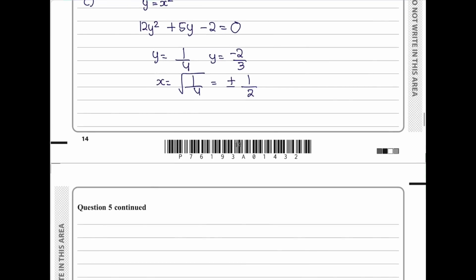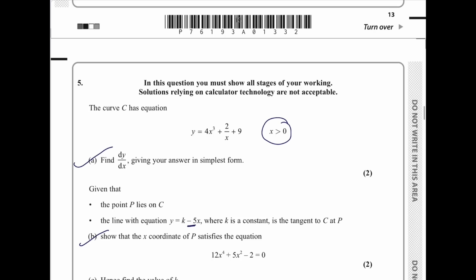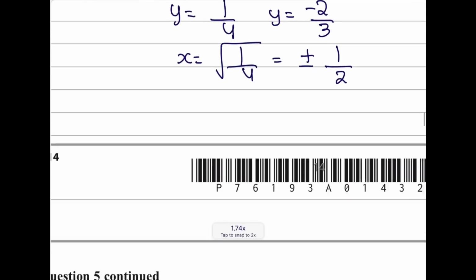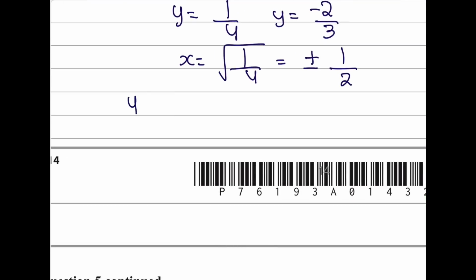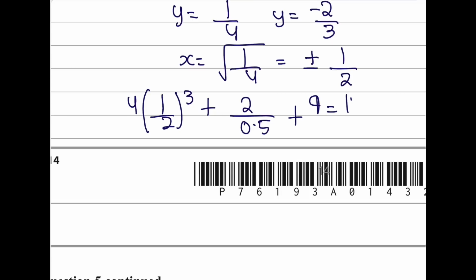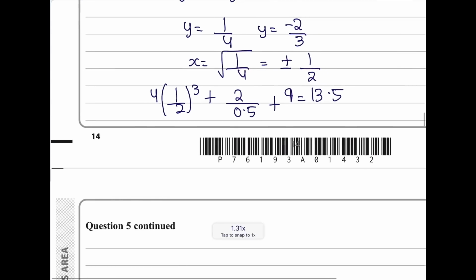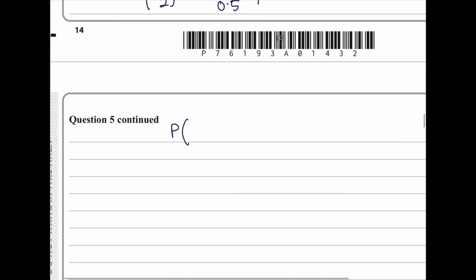Okay, and after that, I'm going to find the point P. How? Because I already know the equation of my curve and the point lies on that. So I could simply do 4 into half cubed plus 2 over 0.5 plus 9, which is 13.5. So my point P is basically 0.5 comma 13.5.